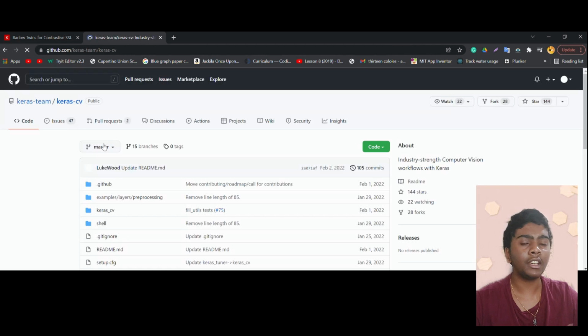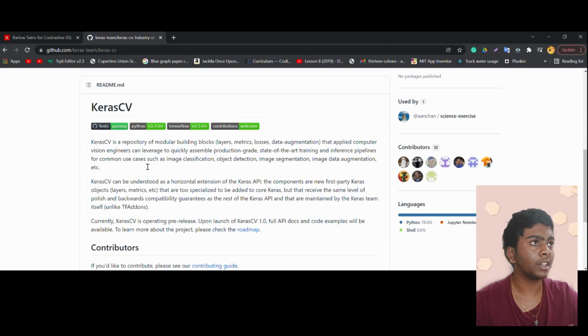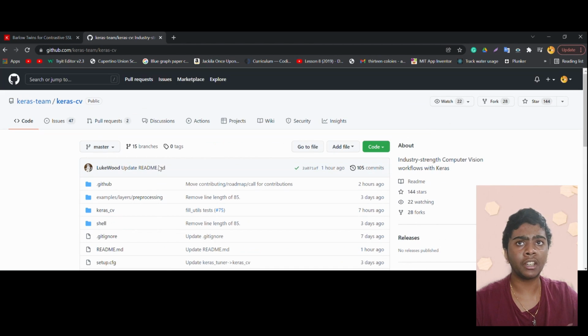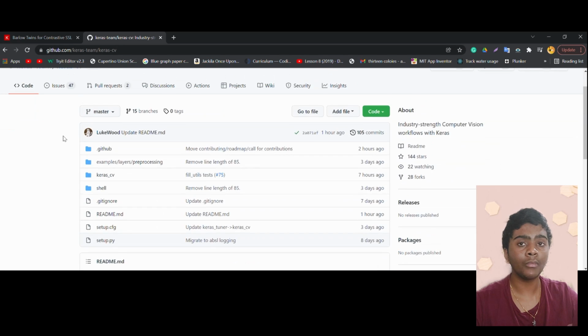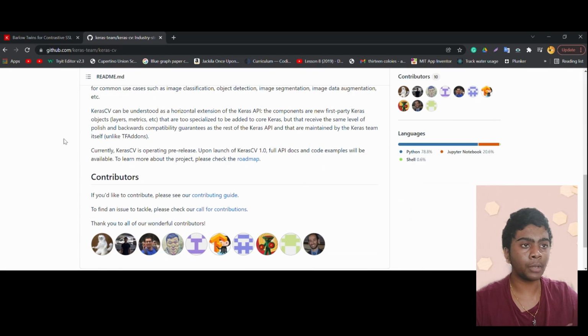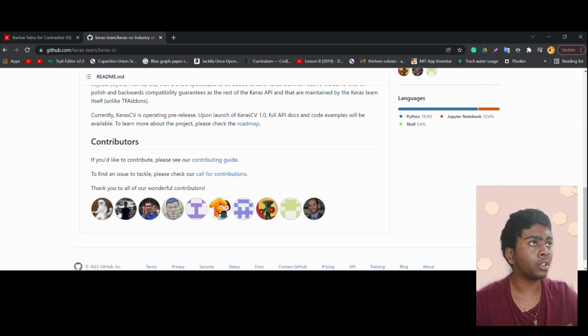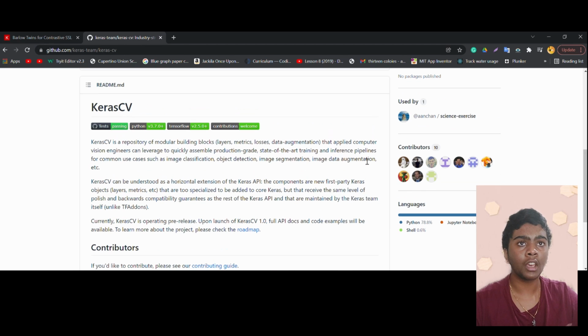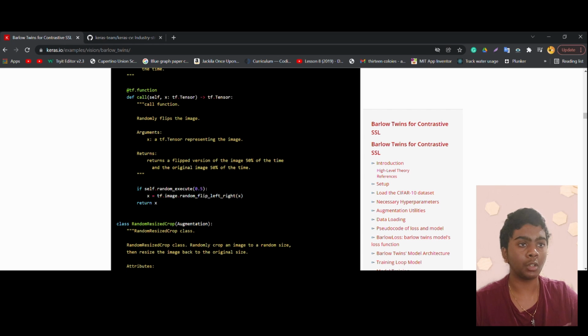This is it. It is Keras CV. This is the GitHub link. And these are the contributors, and I would suggest checking them out here. This is probably the alternative to tf.image, which I probably have to use in the future. But for now, I'm using tf.image.